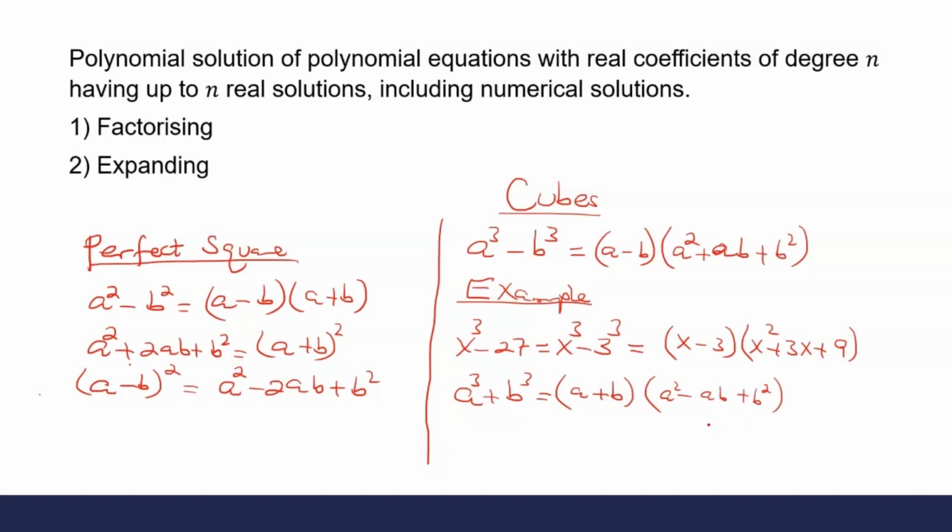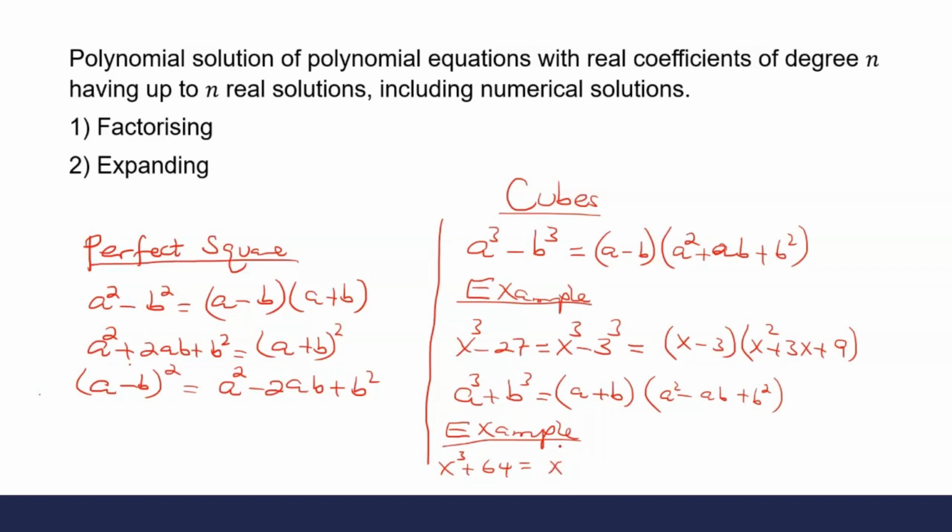Let's get an example based on this rule. Let's say we have x cubed plus 64. Let us write it the way it is: 64 is 4 to the power of 3.